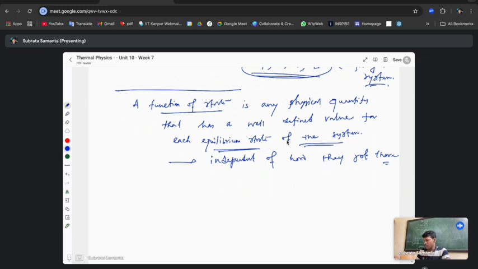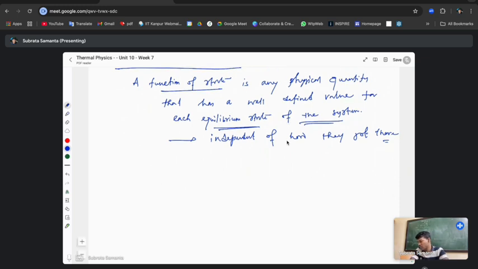So if you calculate mathematically, we can say that delta f is the integral from x1 to x2 of df, where f is the function of state. Then delta f is basically the change from x1 to x2.